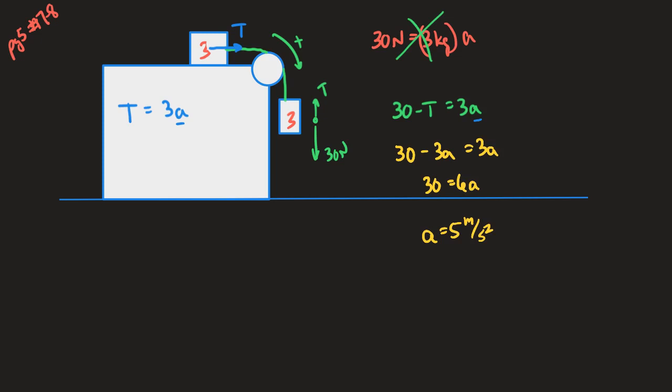If the tension was 30, then the net force on the box that's hanging would be 0, and it wouldn't go anywhere. That's unreasonable. So I know that the acceleration's 5, so here the tension would equal 3 times 5, or 15 newtons. Also, if I plug that in here, I'd get the same answer, that the tension would be 15 newtons.